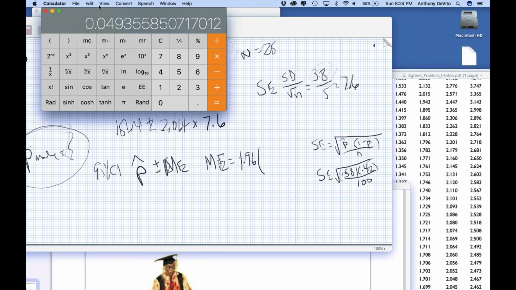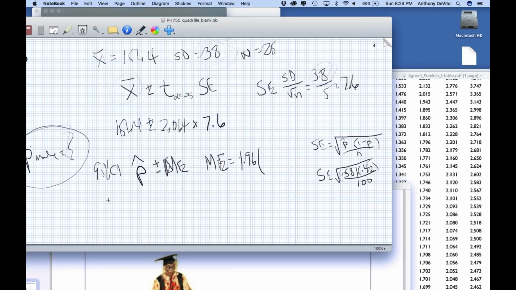So we're 95% sure that the true proportion of zombies is p cap, which is 0.58, plus or minus 1.96 times 5%, 0.05.